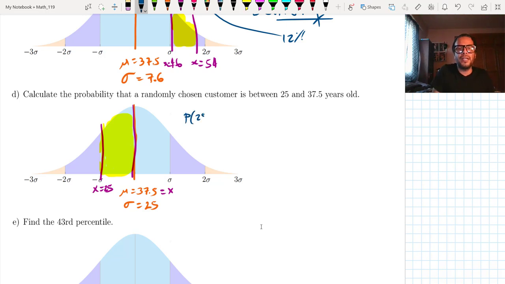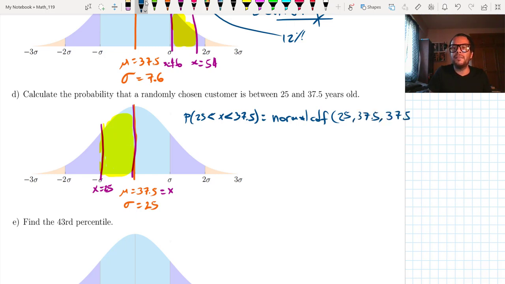Okay, so P of 25 less than X less than 37.5. This will be normal CDF. Okay, you know the parameters that we wrote. Well, let me actually write them down. That's 25, 37.5, comma 37.5, comma 7.6. By the way, I made a little mistake here.